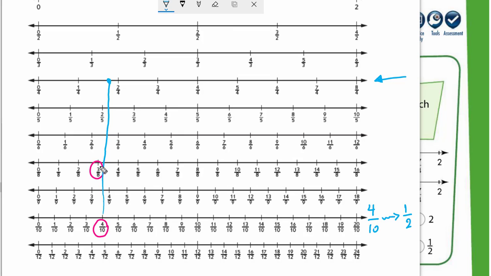Now it's the time to use 3/8. Okay, I will move up. It's here. So it's exactly in the middle between 1/4 and 2/4.